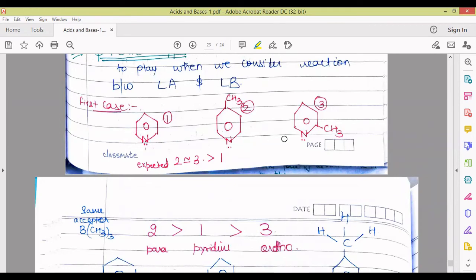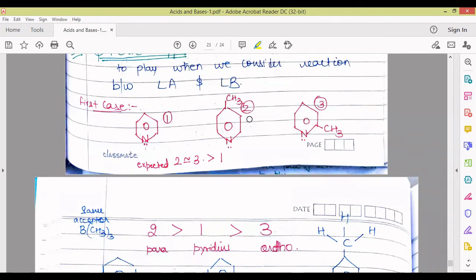Now here we are considering three Lewis bases. Here it is pyridine, here it is methylpyridine or para-methylpyridine, and here it is ortho-methylpyridine. Now, methyl is an electron donating group. Here also it is an electron donating group, and here no electron donating group is present.